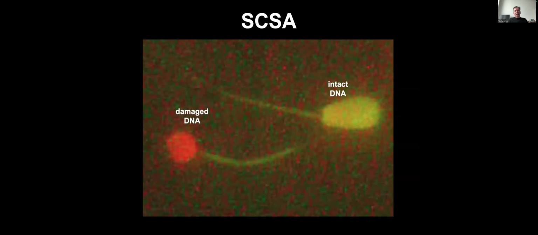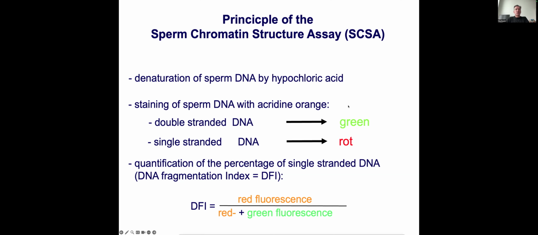And if you are looking at the microscope, then you see here on the left side sperm with a damaged DNA showing the red fluorescence, and sperm with a green staining. This is with double-stranded DNA, with an intact DNA. And as I already told you, with flow cytometry, we not only can distinguish between red and green, we can quantify this fluorescence intensity.